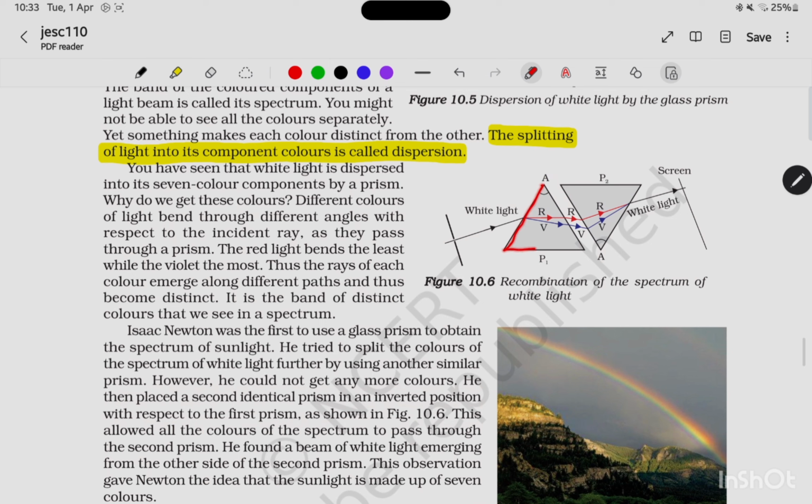So if you see, this is our first prism that split the violet into its 7 different colors. Now it's represented by only 2, don't worry. And then he went ahead, and mad scientist, he experimented by putting it upside down. Okay, the prism is now upside down.